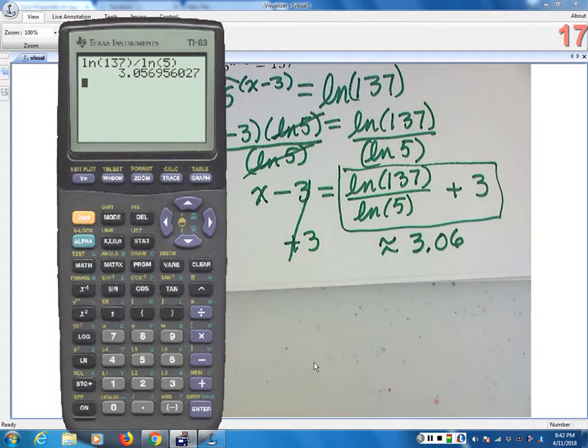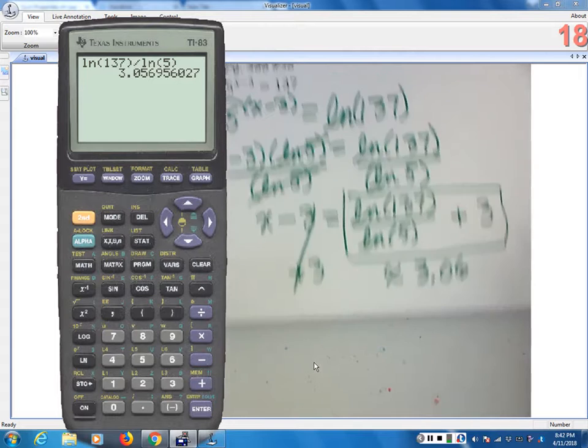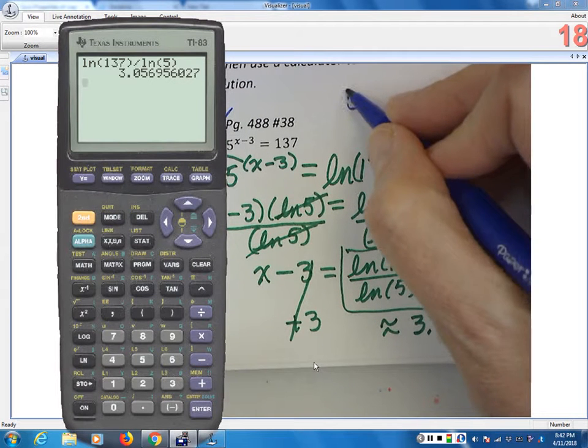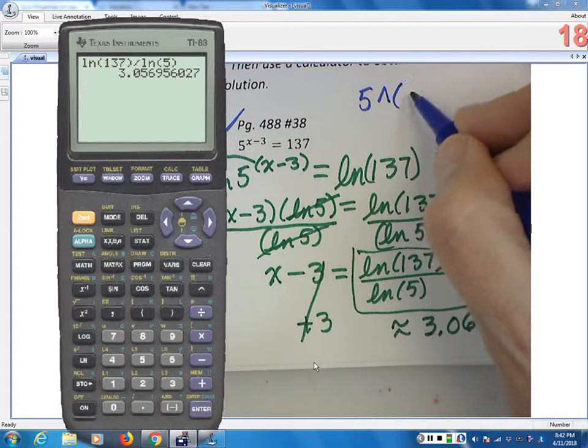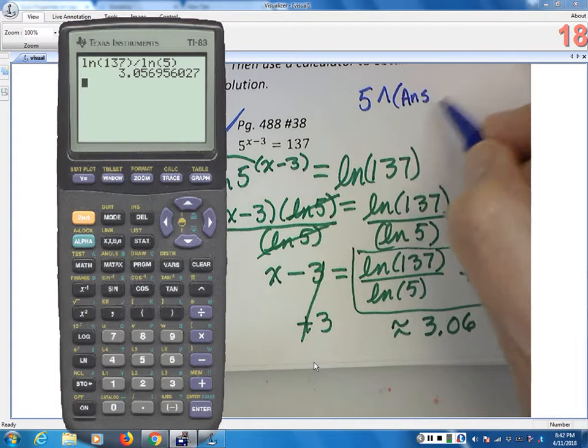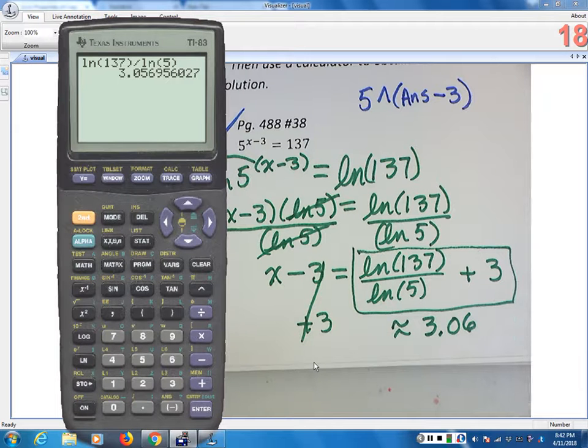Now, do you think if I put in 3.06 for x, I'm going to get 137? No. You're going to put in 5, this is your check, 5 to the answer minus 3, and you should get 137. 5 to the parenthesis answer, second negative sign, minus 3.